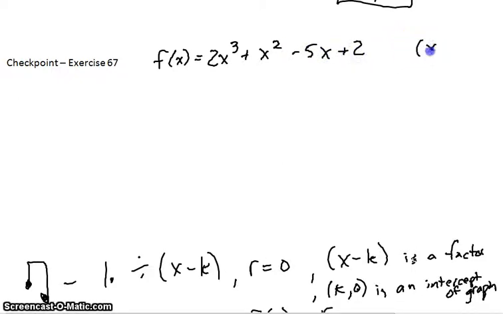And my two factors are x plus 2 and x minus 1. So I'm going to divide those into this expression. So I'm going to write all the coefficients down. And then I'm going to pick one of them. I'm going to pick 1 first because that's the opposite of this number, and see what happens.